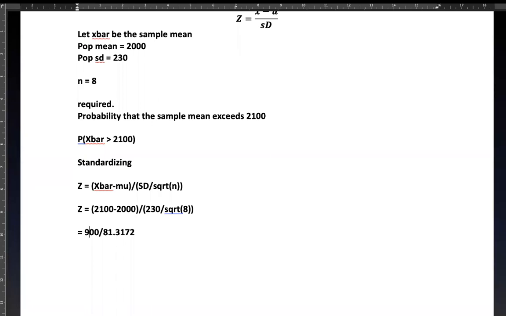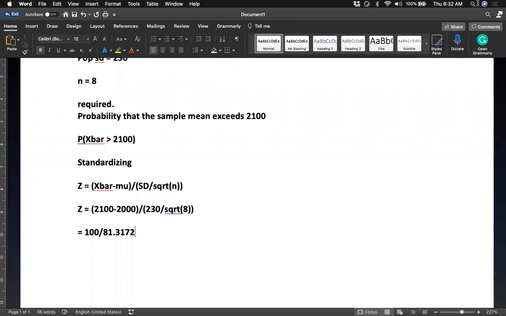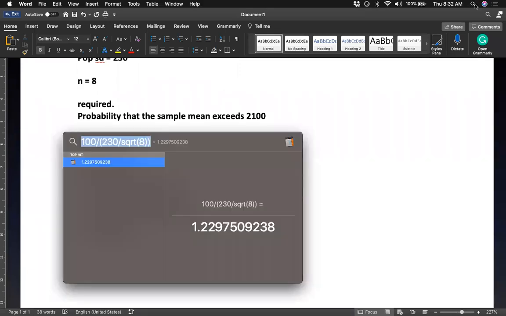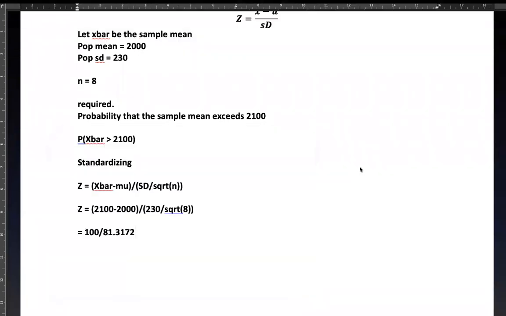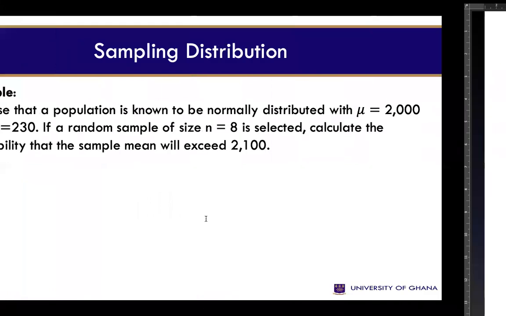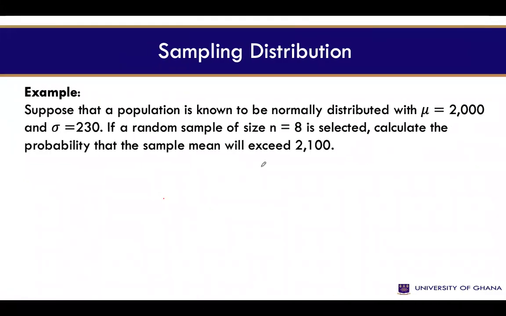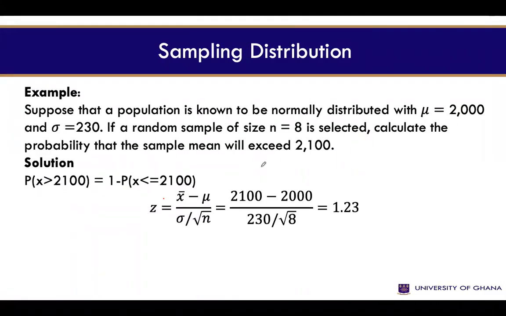I had 0.1537. I think you should check it again. So I think 1.23. Let me check it again. 1.23, yes, that's correct. It's 1.229 and some change, but that's really it. So this is what we have.